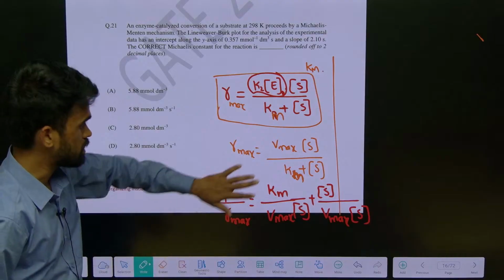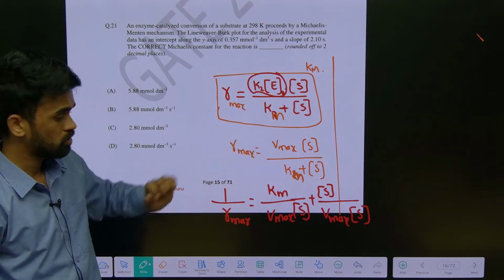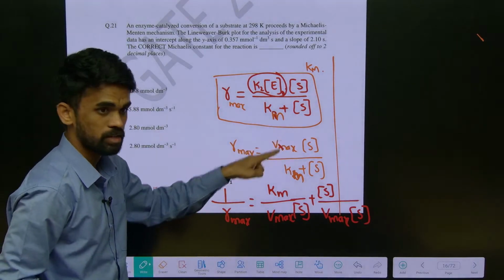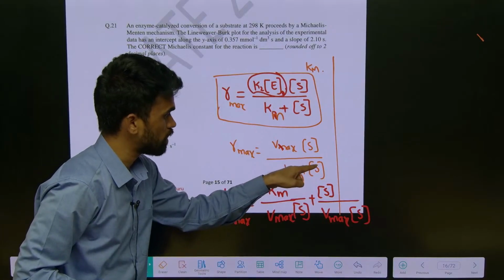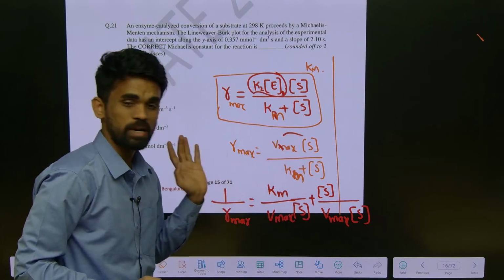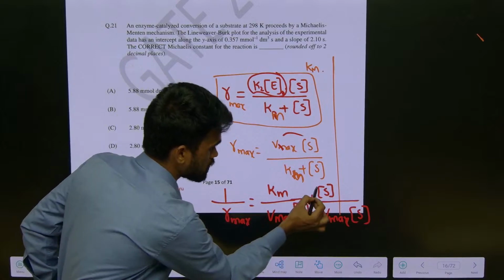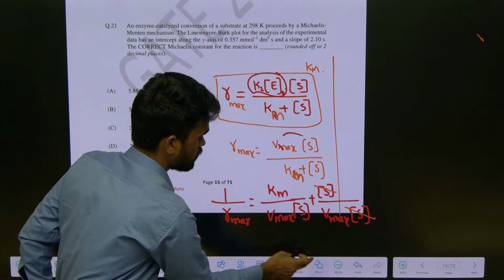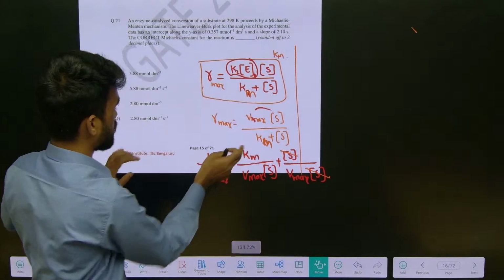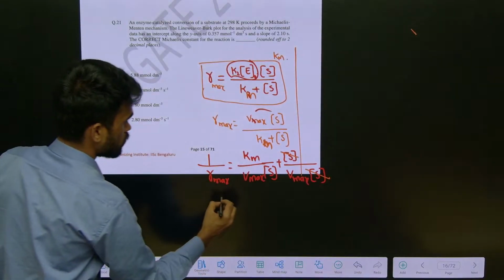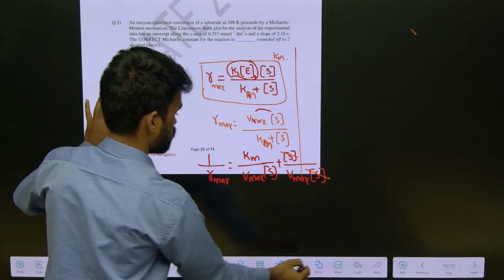That's it. Just take the reciprocal of this, Km by this one as a denominator, concentration of S by this one, in between a plus sign. Now try to cancel this out. What is the remaining part we have? Tell me. What is the remaining part we have?